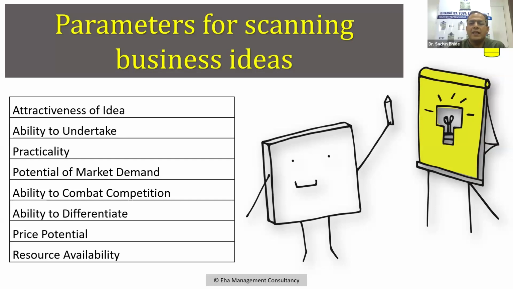Second parameter for scanning a business idea is ability to undertake. Now, the idea is attractive, but can I undertake it? Do I have any experience or exposure in dealing with some kind of business about water? If I don't have, do I know somebody who has the ability and whom I can make a co-founder so that together we can start this business?